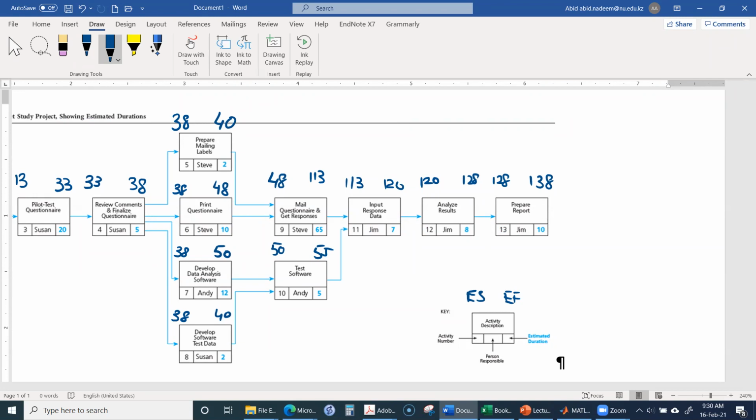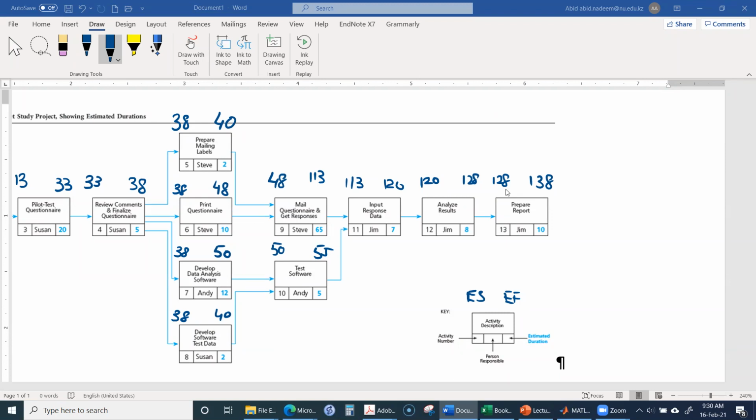We have found out the total duration of the project. This is one main thing.